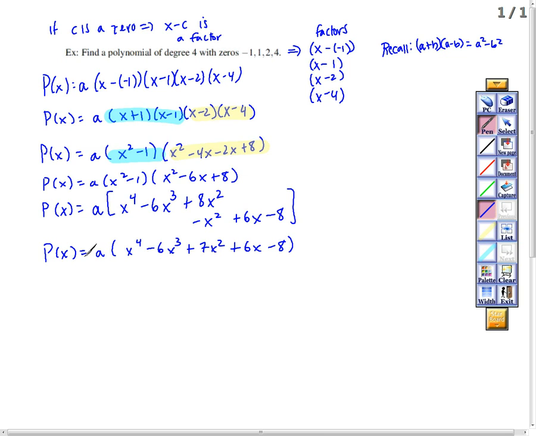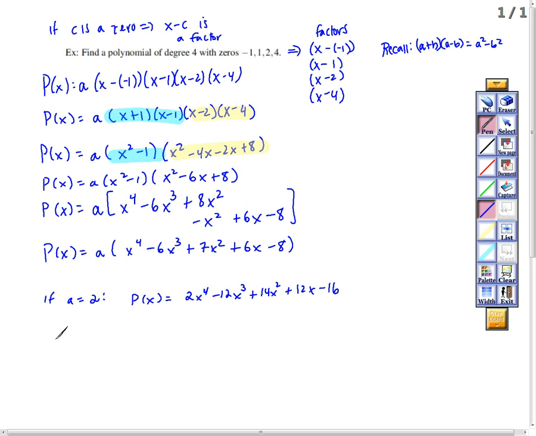So that's the form every such polynomial has. I could let a be any number I wanted to. If a is 2, my polynomial is 2 times every single term here: 2x to the 4th minus 12x cubed plus 14x squared plus 12x minus 16.